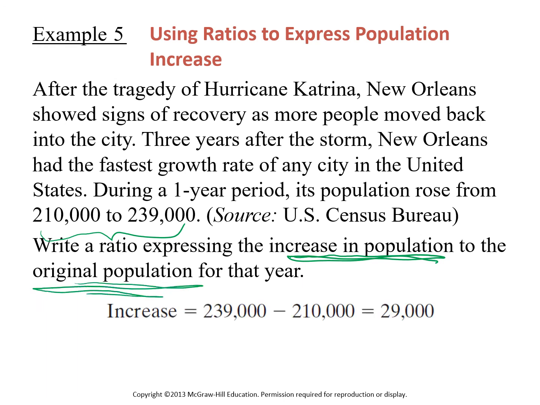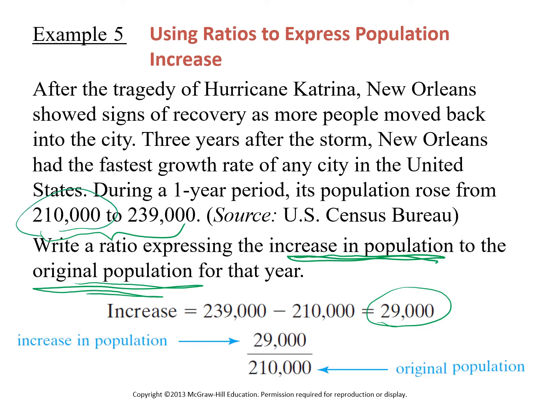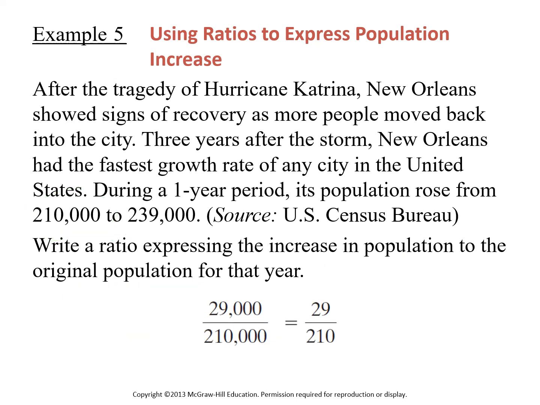So to get the increase, we're going to subtract, and there's a 29,000 person increase. The original population is 210,000. So we're going to do 29,000 divided by 210,000. And remember, we can divide numerator and denominator by 1,000. Chopping those zeros off the end, we get 29 to 210.